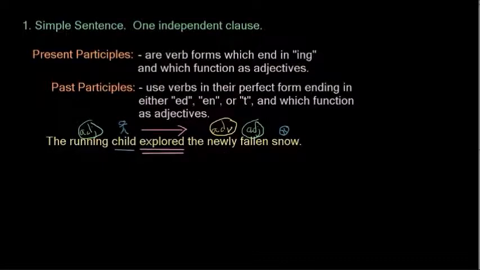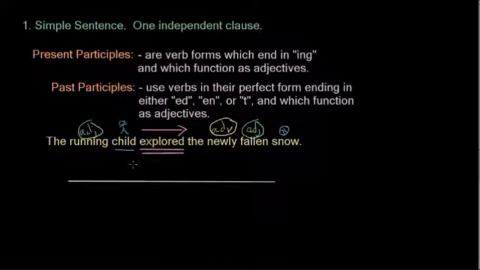Now, if we were to diagram this, we're just diagramming our participles as though they were adjectives, which in a sense they are. We have the direct object, in this case snow.